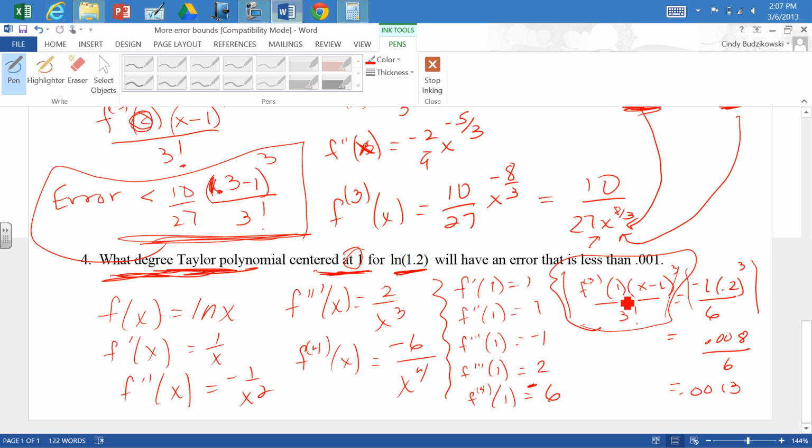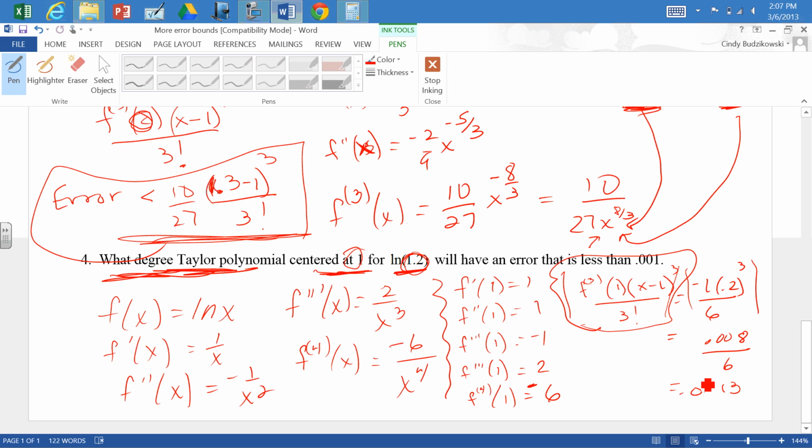I ended up with the third derivative at 1, which was -1, times 0.2 to the third, because the series is centered at 1, so x minus 1 to the third. 1.2 minus 1 is 0.2 to the third, divided by 3 factorial. So I ended up with 0.0013, which is not quite small enough. So that tells me I've got to go to the next term.